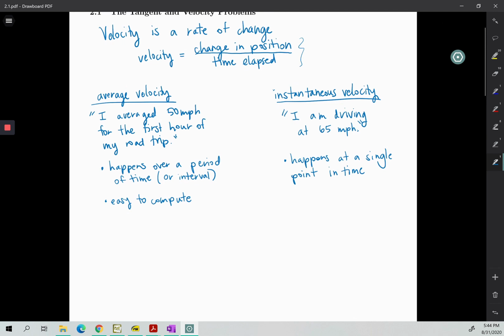So if you wanted to know your average speed over the first hour of your road trip, you would just take the distance that you've traveled and divide it by that 1 hour, right? For instantaneous velocity, it is not so clear how we would compute this or how it is computed in general. So how do we compute this?